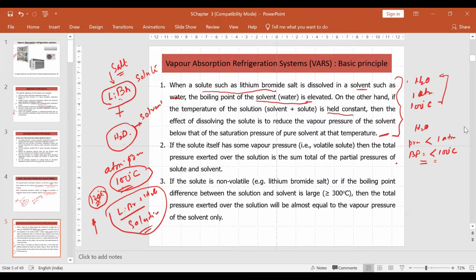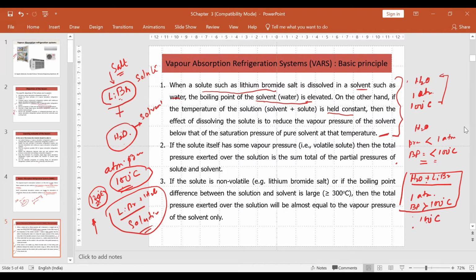The second point is that if water is mixed with lithium bromide, then the normal boiling point of the solution increases, and will be more than 100 degrees centigrade. Now, if we want to fix the boiling point of this solution at 100 degrees centigrade, then what will we have to do?